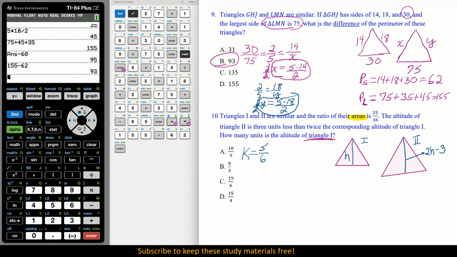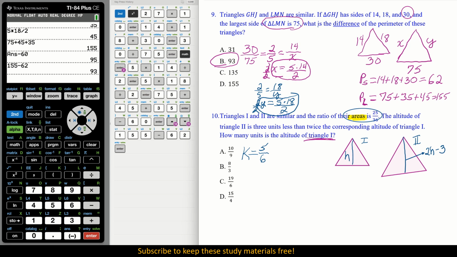Remember the chart: k is the one-dimensional scale factor, k squared is where the numerator and denominator are squared, which is what is given to us for area, and for volume it would be 5 to the third and 6 to the third. Of course, we're not using volume here.